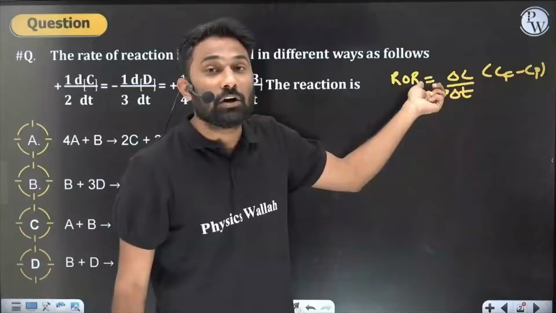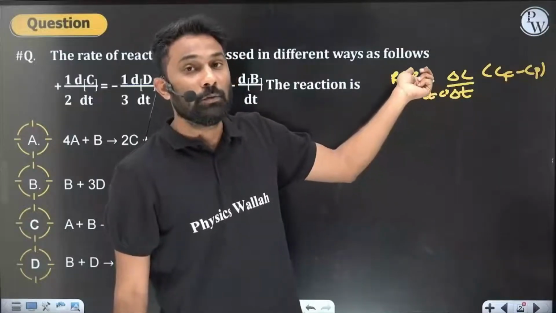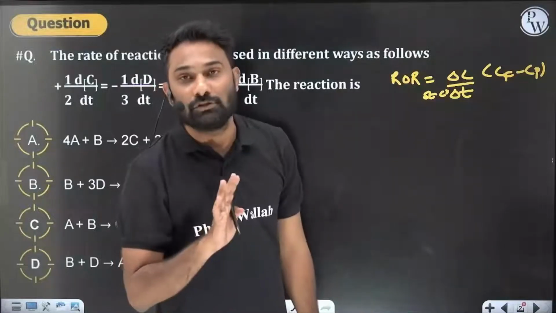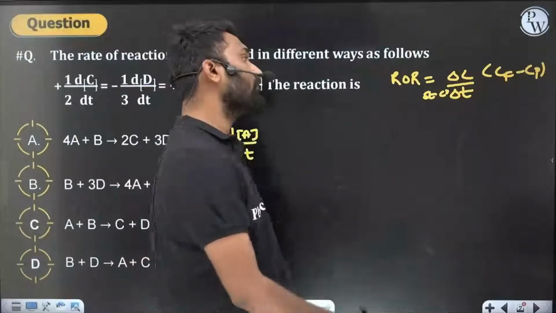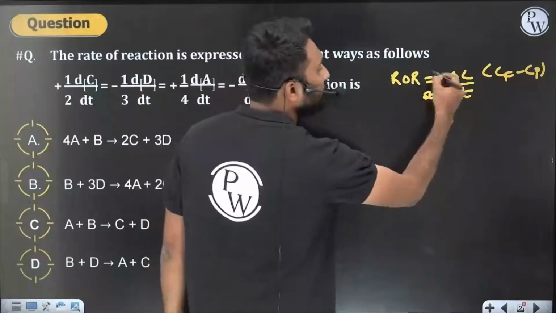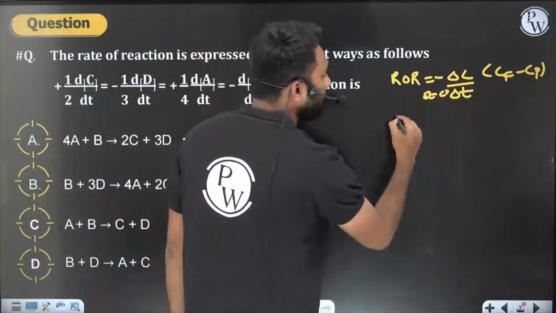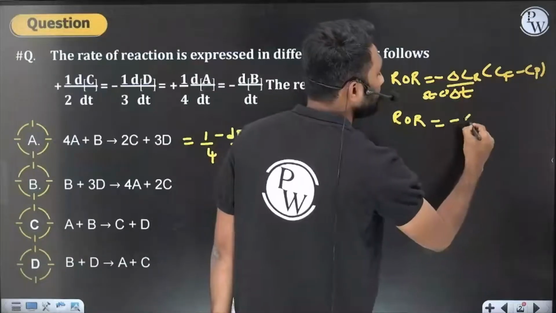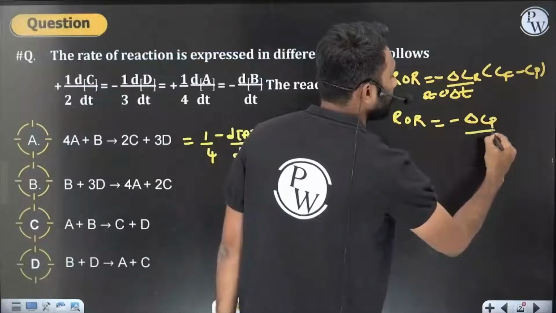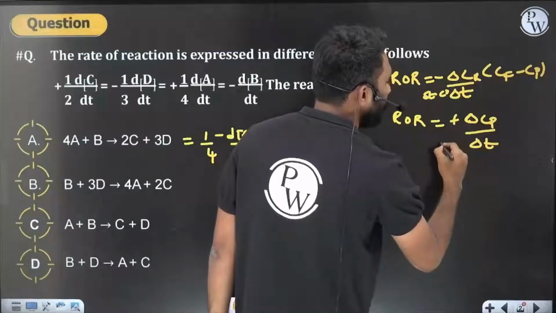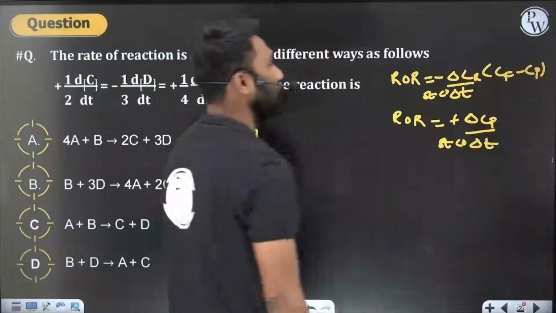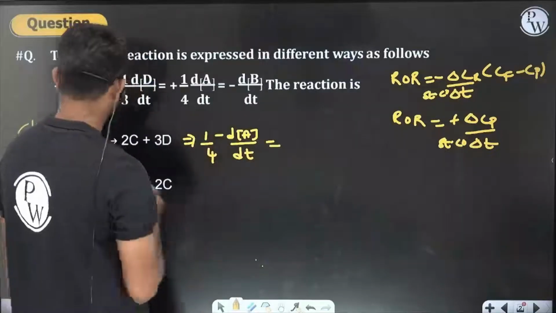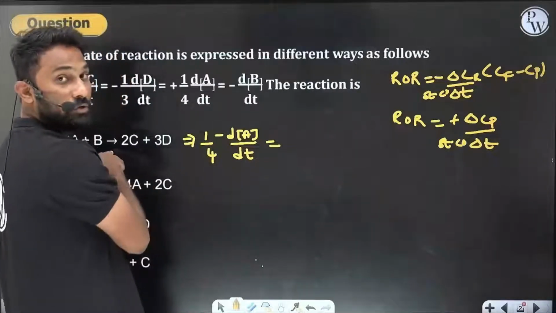If the change in concentration is negative, the rate of the reaction will also be negative. Rate of the reaction should not be negative. For that reason, for the reactants we keep a minus sign. Now for the products, we give it as positive, with its stoichiometric coefficient.